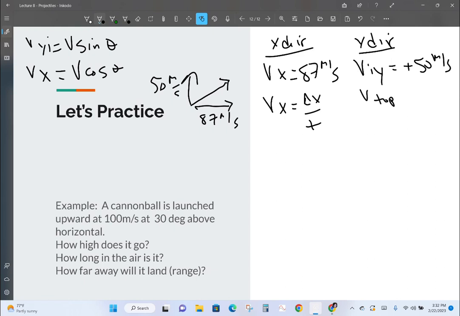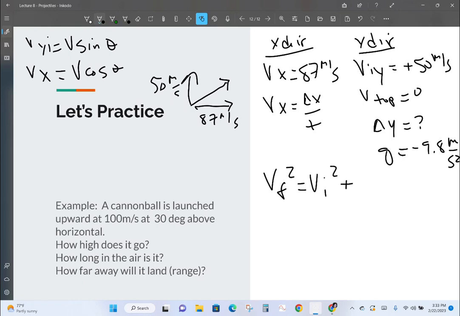Vf at the top is 0 because we want to find how high it goes. Delta y is what we're looking for. And g is negative 9.8 meters per second squared. So we need a formula that has Vi, Vf, y, and g in it. And that is Vf squared equals Vi squared plus 2g delta y.